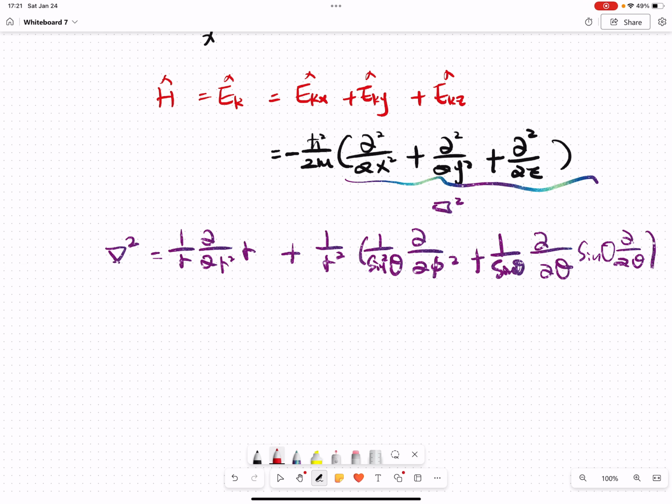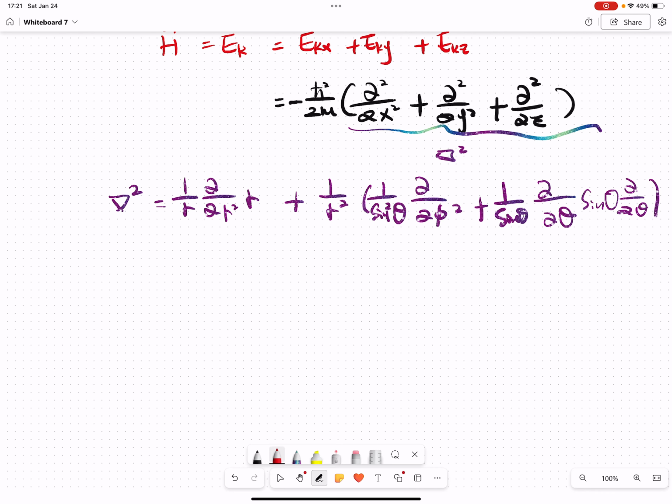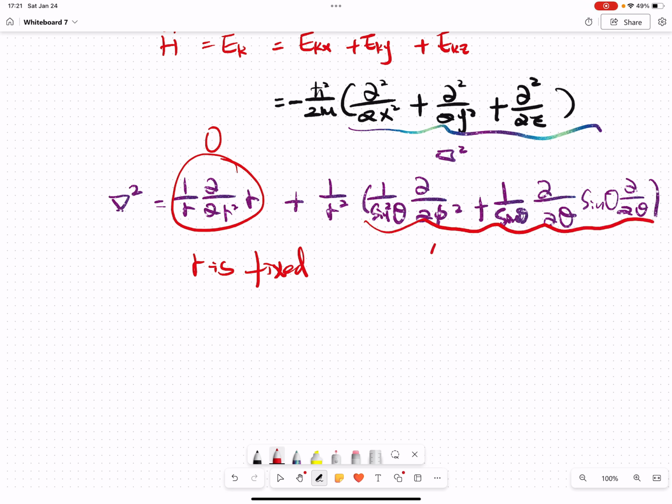Definitely it is scary, but since we know r is fixed, same as the particle in the ring system, the radial part should be equal to 0. And we can replace the angular part by giving it a new name, the Legendrian, or Lagrangian operator.